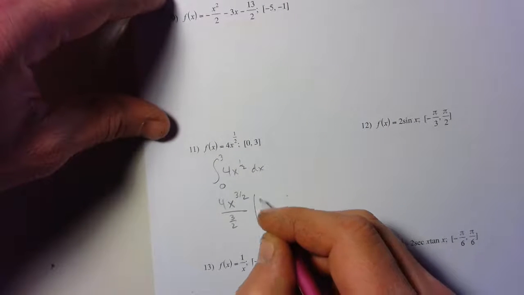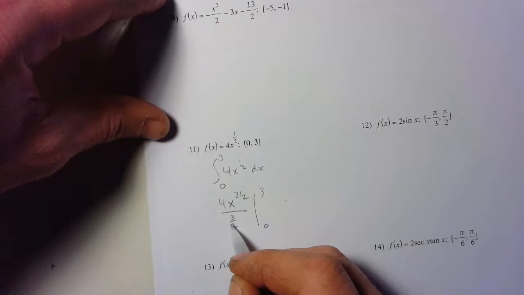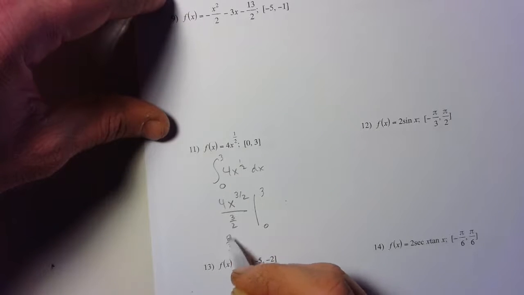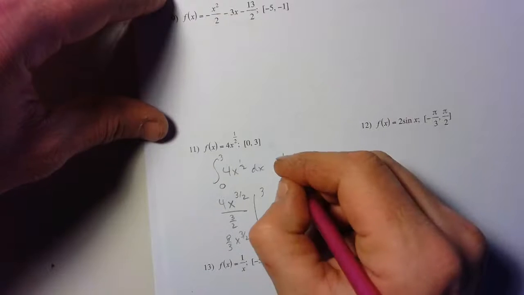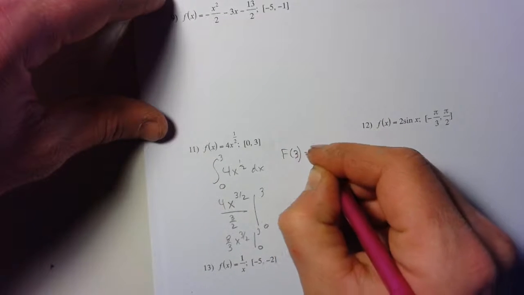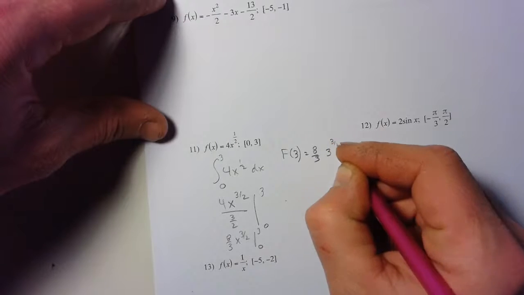This is going to become 8/3 divided by 3/2, which is the same as multiplying by 2/3. F of 3 is 3 to the 3/2 power.